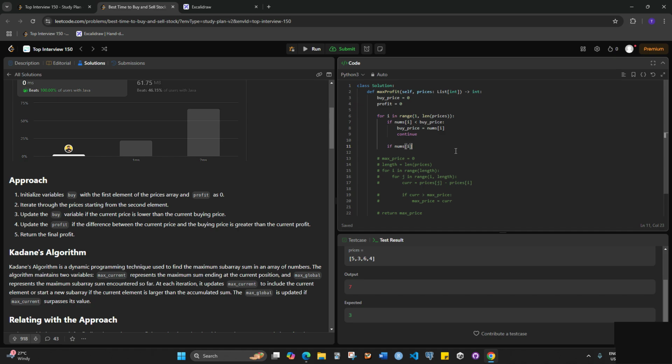If nums i minus buy price is greater than profit, we do profit is equal to nums i minus buy price.